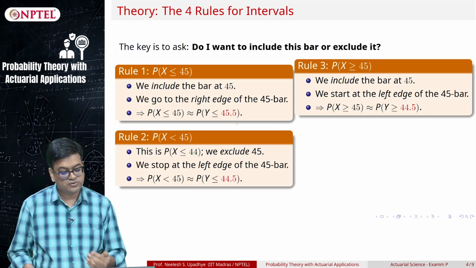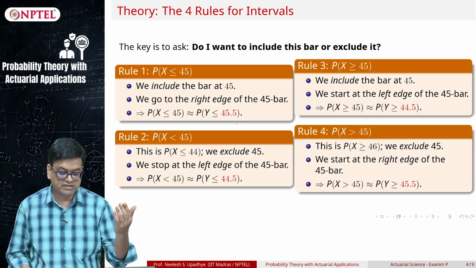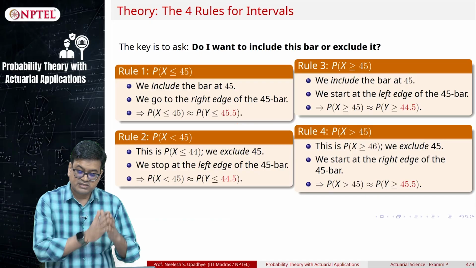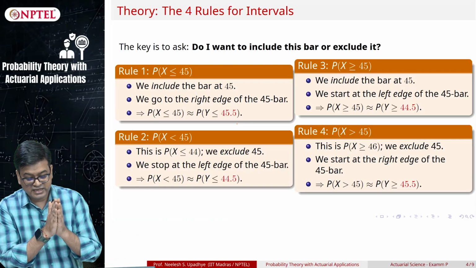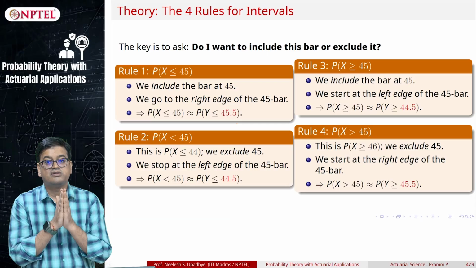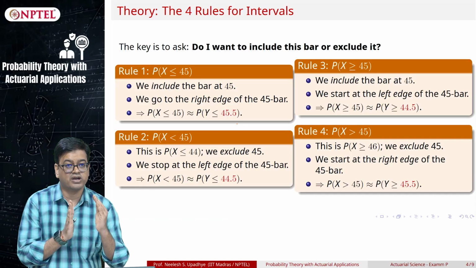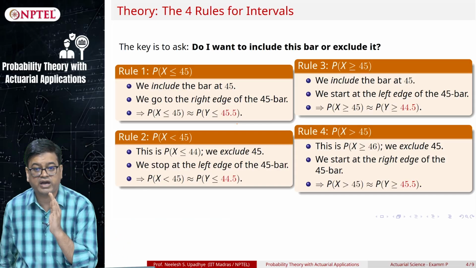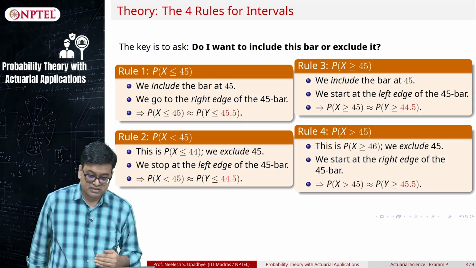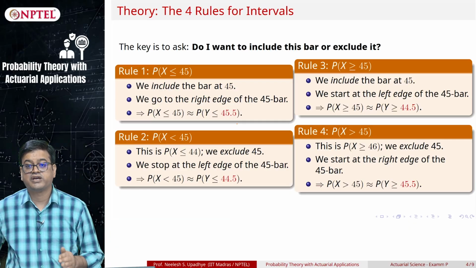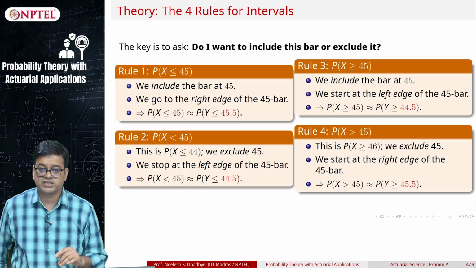Now comes rule 4, which is actually equivalent to rule 1, where you are saying probability of x greater than 45, so I will not have 45. I will go half a step above 45, which is 45.5. It is essentially equivalent to saying probability of x greater than or equal to 46.